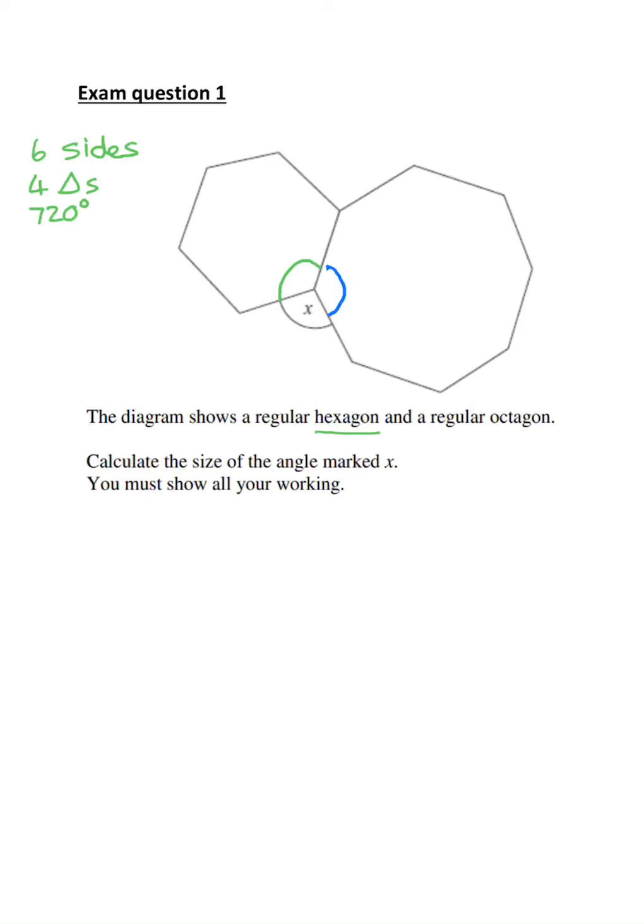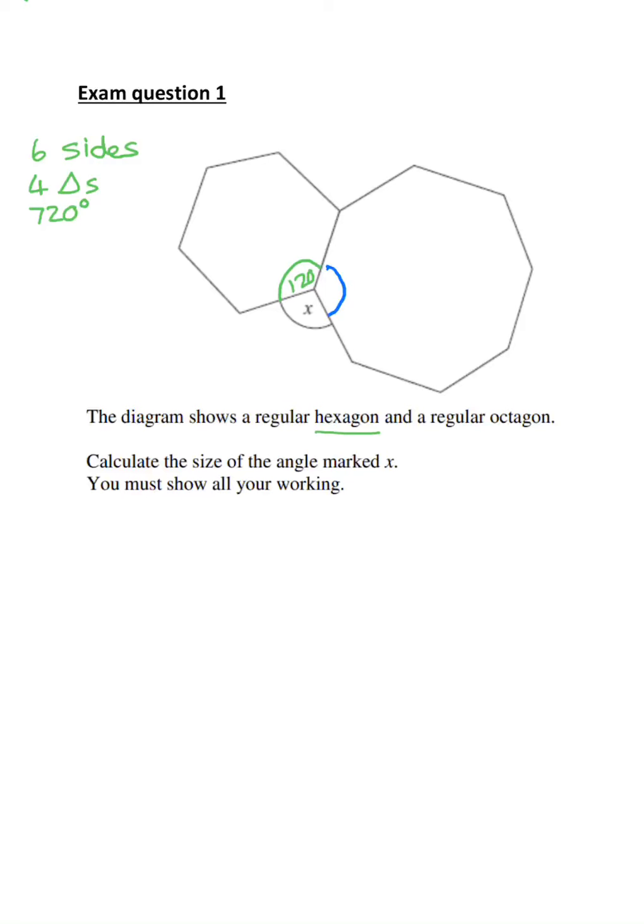Even if you don't know how to do the question, always make sure that you put the angle sum, the interior and exterior angle sum, in your working out for a method mark. Okay, so if we have 6 angles that all together come to 720 degrees, then that must mean that one angle is 120 degrees. So one of these angles is 120 degrees.